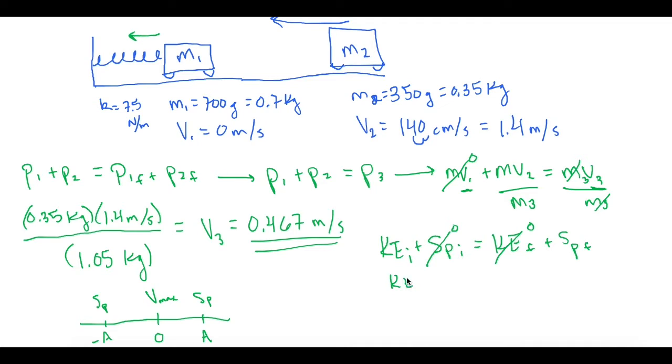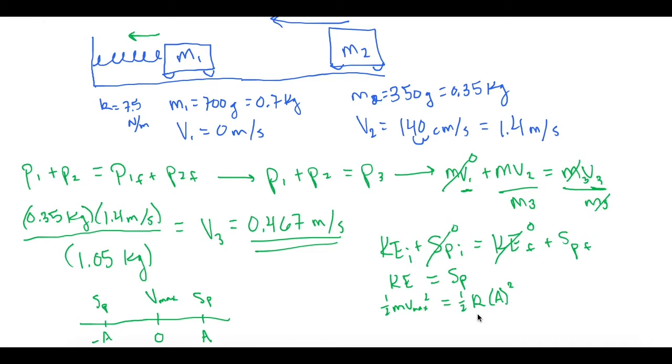So now the kinetic energy of the two of them together is equal to the spring potential energy. So we have 1/2 m v max squared is equal to 1/2 k times delta x, or the amplitude, squared. Remember, the amplitude is going to be the same as how far the spring is compressed. So that's why we changed delta x to A.